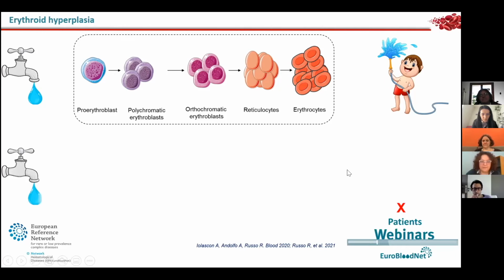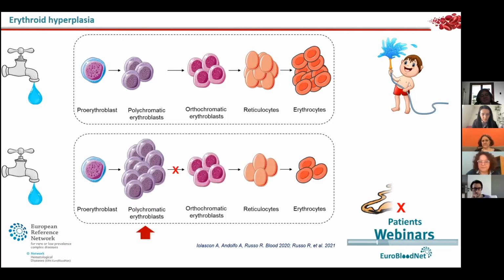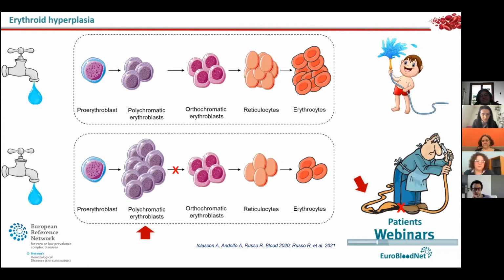But in CDA patients, what happens? In CDA patients, we observe a block that is represented in this picture by the feet of this man on the water tube, and this block accounts for an accumulation of the water before the block, that corresponds to the accumulation in the bone marrow of the immature red cells that in most CDAs are termed polychromatic erythroblasts.